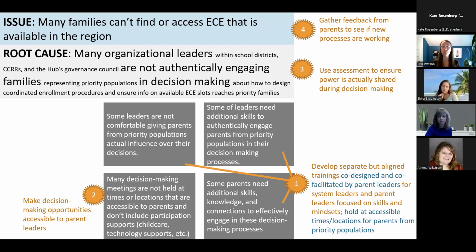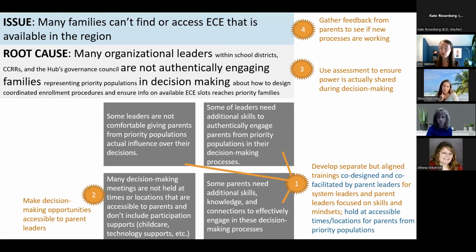That way it's more likely to benefit parent leaders, and it also simultaneously builds the power and capacity. You also can hold them at accessible times and locations that parents from priority populations can access. Absolutely, Athena had some of the same ideas in her chat. Make sure that there's childcare provided and it's accessible for rural communities as well.